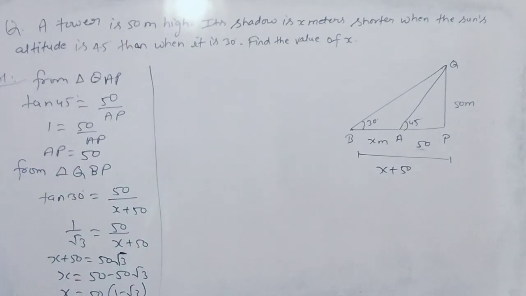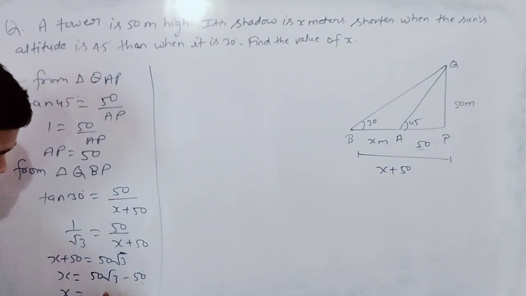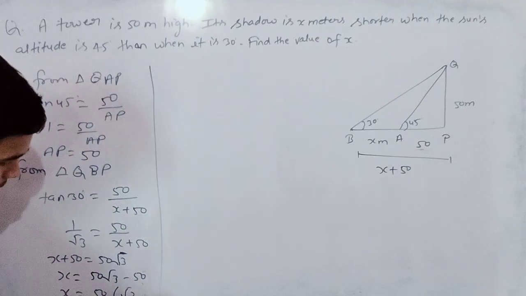What else? So till here it is the answer. So this would be 50 root 3 minus 50. 50 is common, root 3 minus 1.